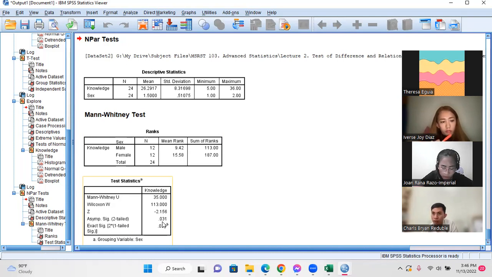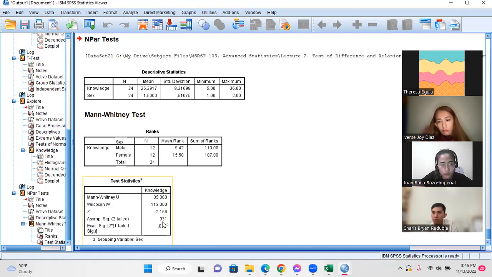So what do we recommend? Recommendation is intervention on the part of the male participants. Kasi ang ginagawa natin, nire-research natin kung sino ang may mataas na knowledge. Ang babae ba o ang lalaki ba?